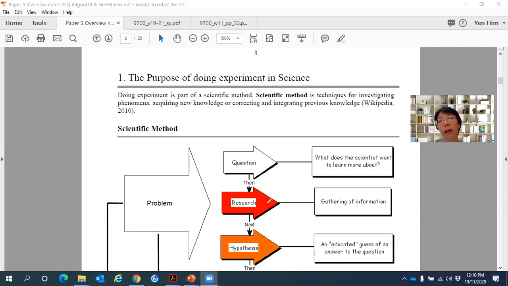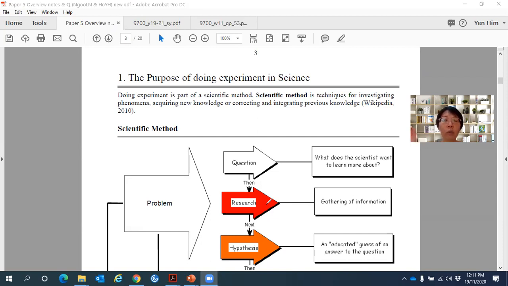Doing research means you want to find out whether anyone before you has done an experiment and found out what you want to find out. So you have to do research first so that you don't have to duplicate the work when the conclusion is already derived by somebody else. So therefore you have to do a literature research.